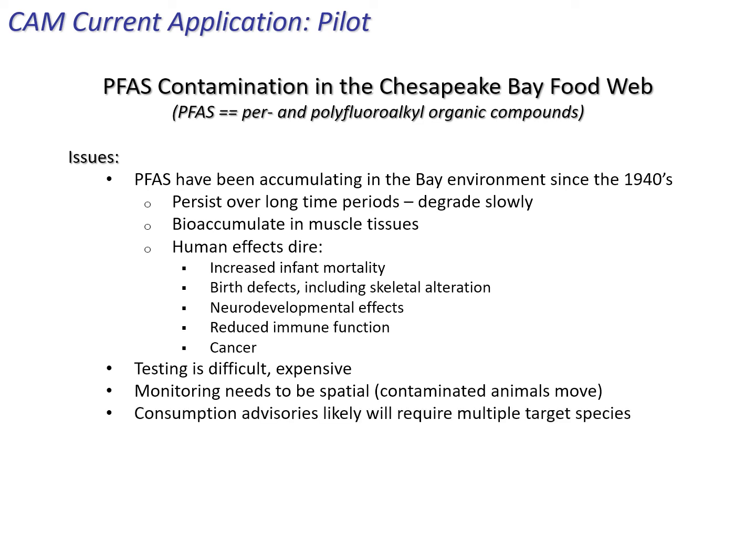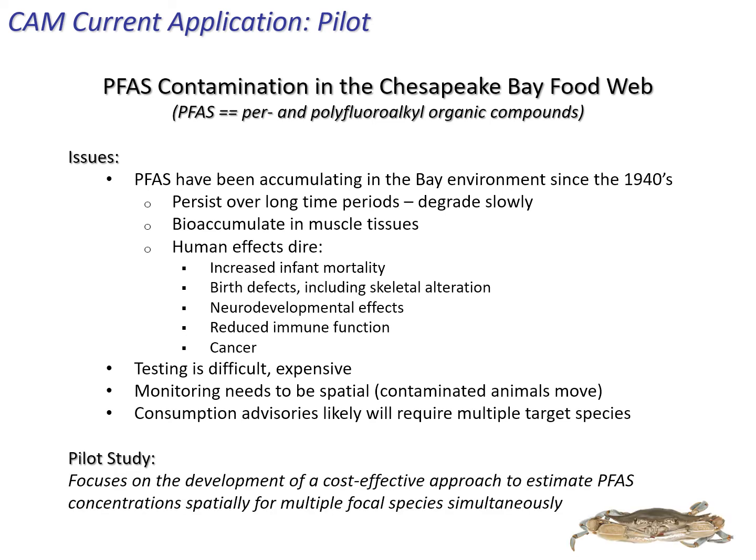So consumption advisories are going to require multiple target species, in addition to many of those species are moving around. So this pilot study applies Atlantis to focus on a potentially much more cost-effective approach in estimating PFAS concentrations spatially for multiple species at the same time.